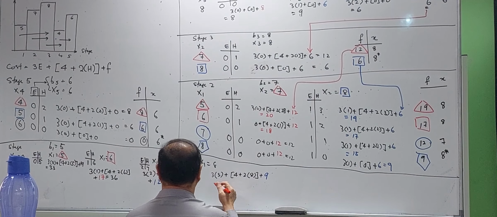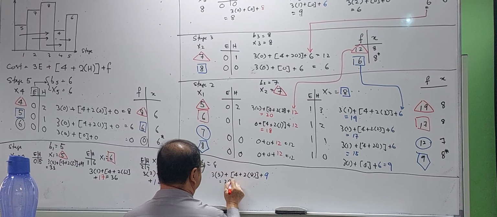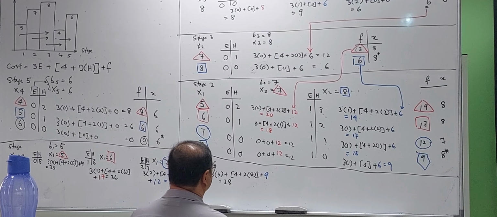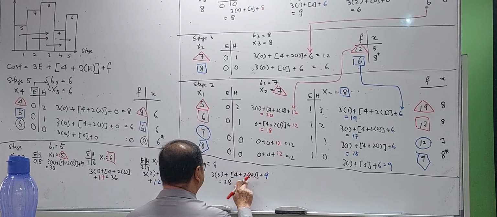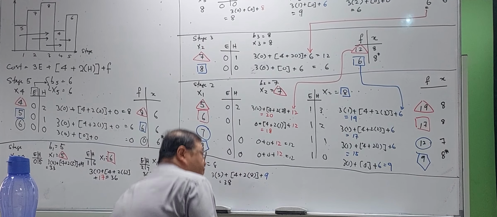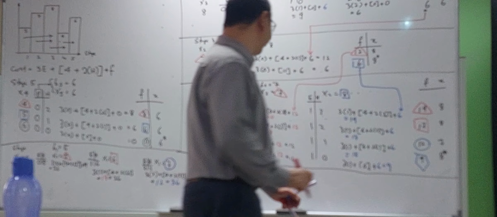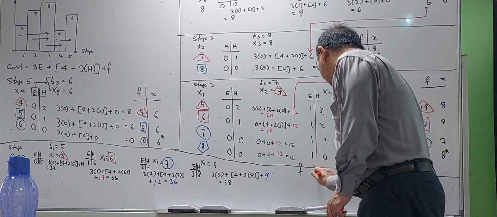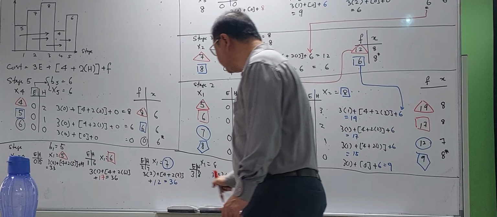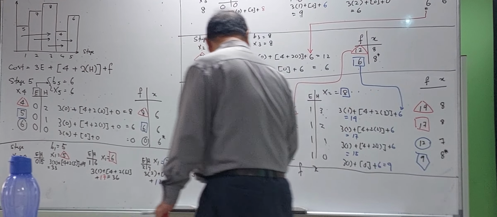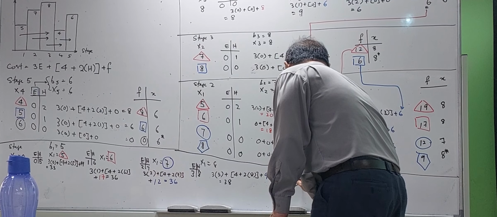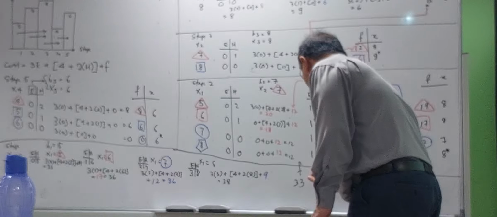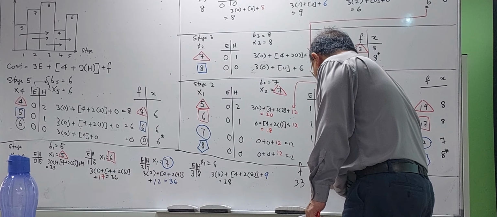So 8, this one is 8. Yeah, 20 plus 15 is 8. Okay, so with that, we put down F. Right? So compare this value here, cheaper 33. Corresponding X value is 5. Now this is the only value. Put down.